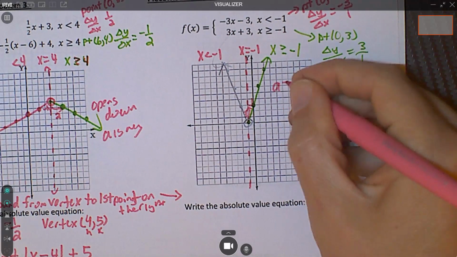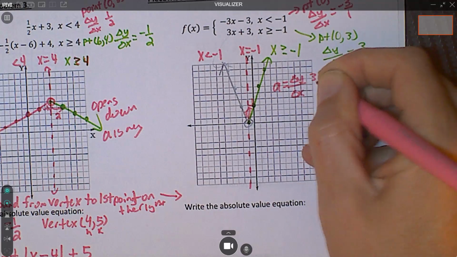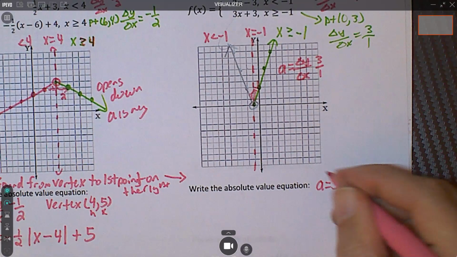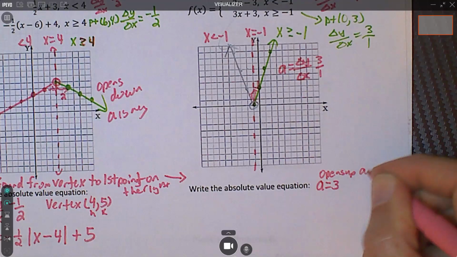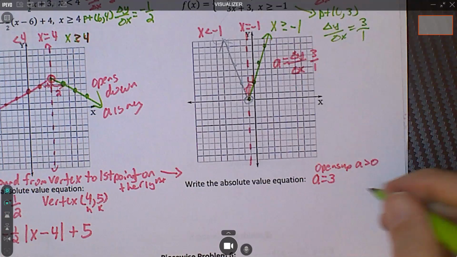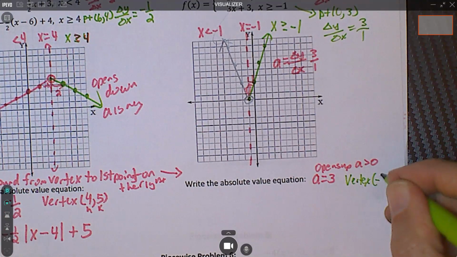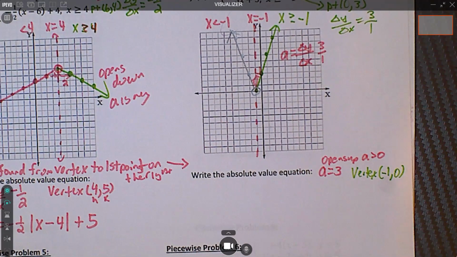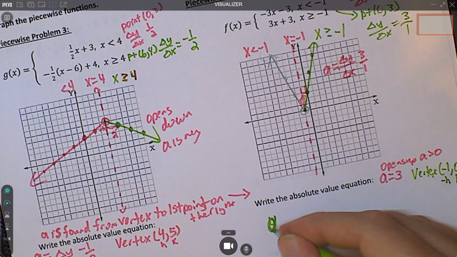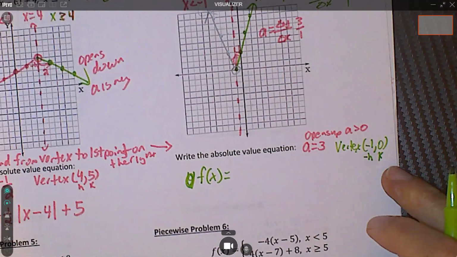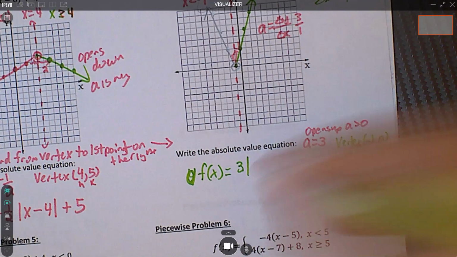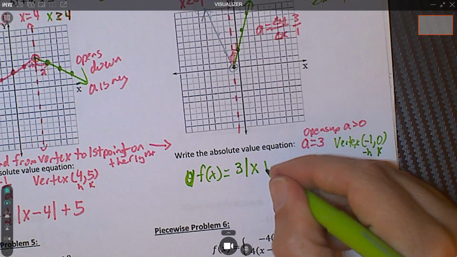So A is 3/1. It opens up. So therefore A is greater than 0. Okay, vertex, -1, 0. Okay, so f of x equals 3 times x, opposite of -1 is +1.